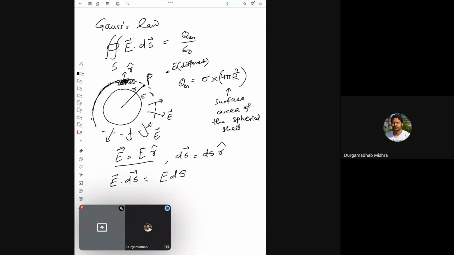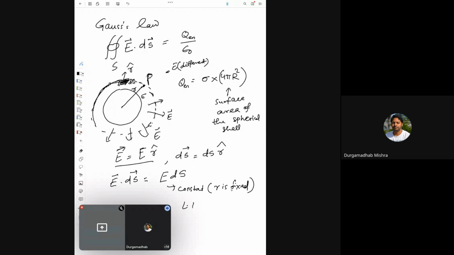So the left-hand side we have simplified, and we also found that this electric field is constant when r is fixed. So then let's use this and see how the left-hand side will look.